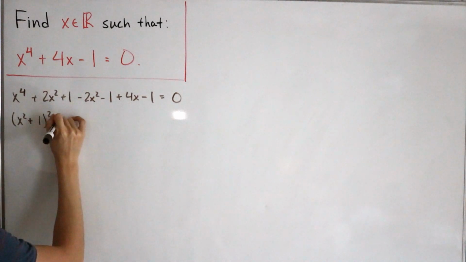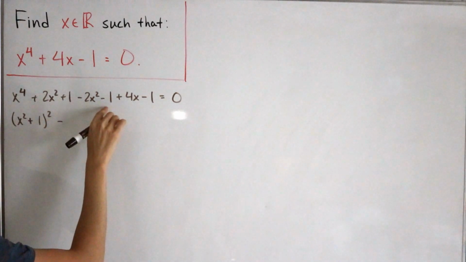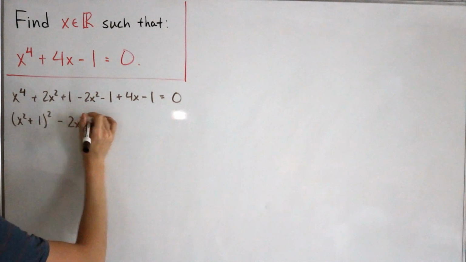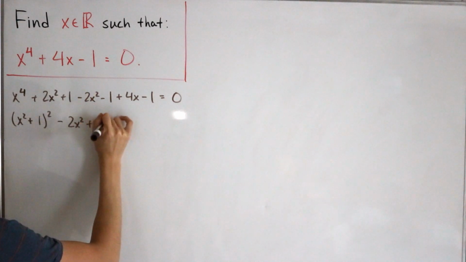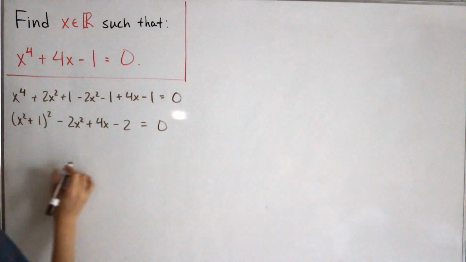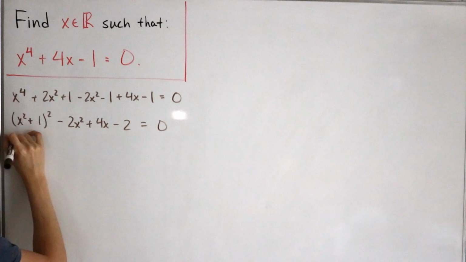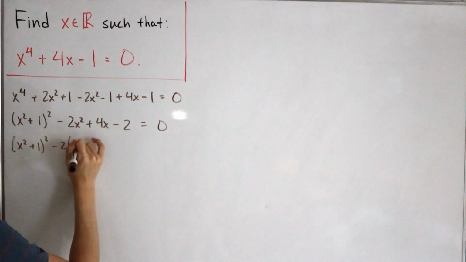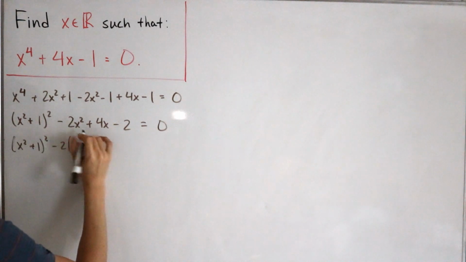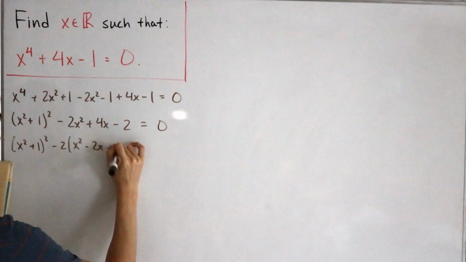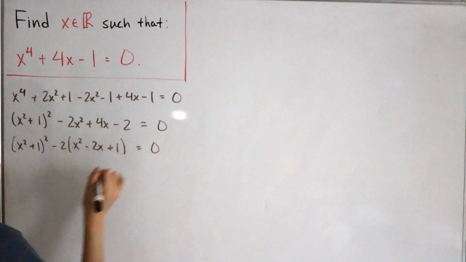Okay, and let me combine some terms over here. This means we have minus 2x squared, add 4x, and then minus 1 minus 1, which is minus 2, equals 0. Going further, I can factor out a negative 2. So we have minus 2 times x squared, subtract 2x, add 1, still equal to 0.